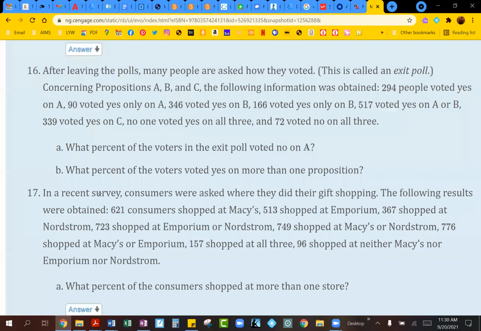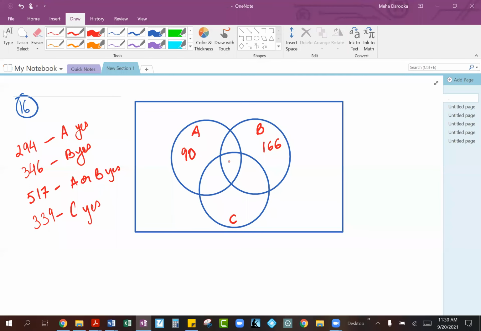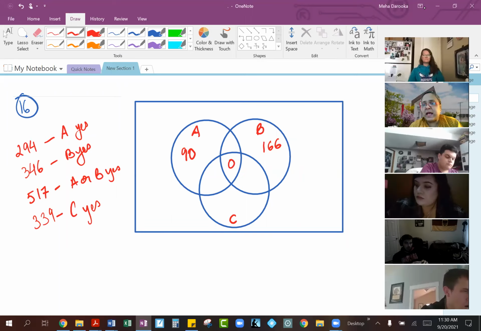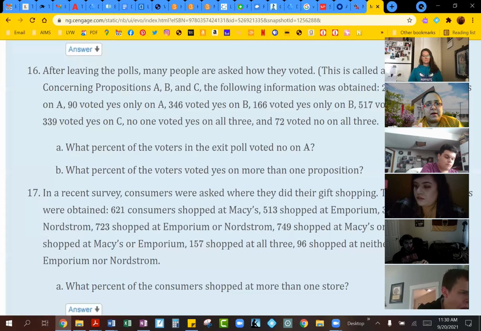Then they are telling us no one voted yes on all three. So that actually means nobody voted yes on all three. So our centermost is actually going to be a 0 because nobody voted yes on all three propositions. Okay, so that's where the all three goes.